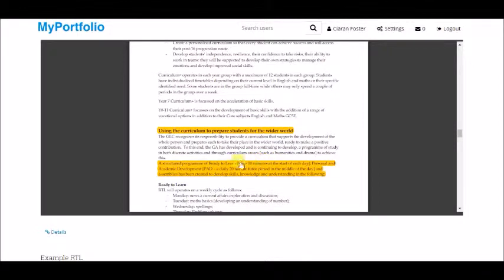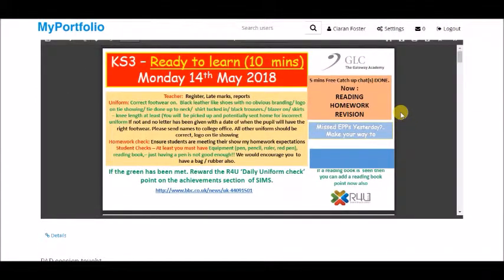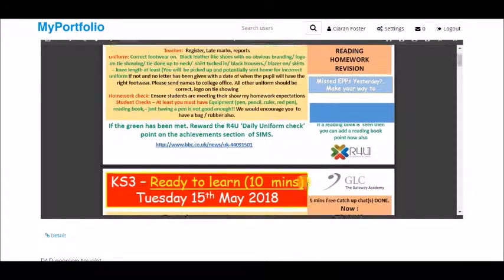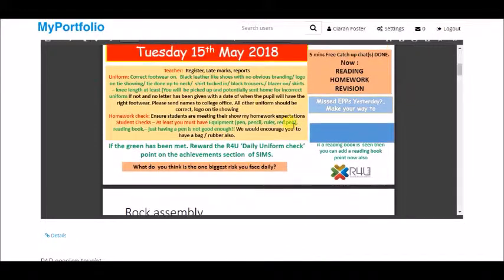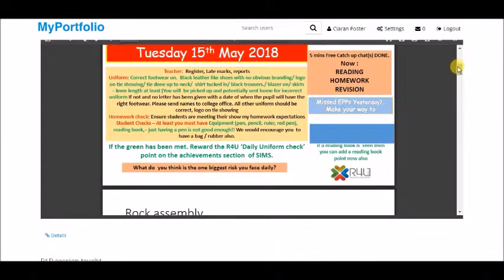So RTL is a 10-minute period at the start of the day looking at personal, so it's a bit like a form time that's mainly just register. However, we have an example here of the PowerPoint we use, and we go through ensuring that I am fulfilling the responsibilities, that students are on time, they've got the correct uniform, they're up to date with their homework, and they've got their equipment. So I'm making sure I'm following the procedures as a member of staff there.